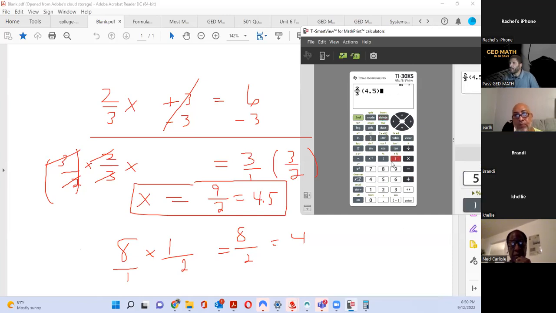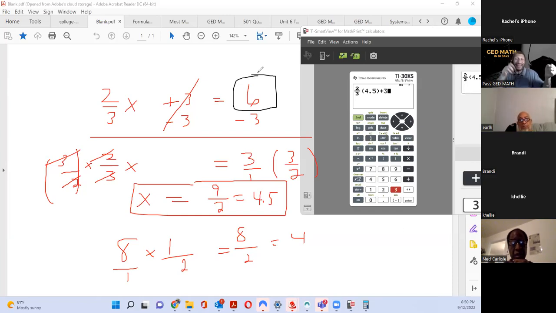When I hit enter, if 4.5 was right, what should I get? 6. Because whatever's on one side, that's what an equal means. So whatever number I substitute for x, if that's correct, I should get 6 on the other side. Let's hit enter. Did I get 6?